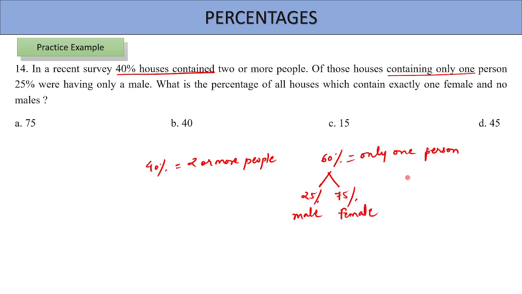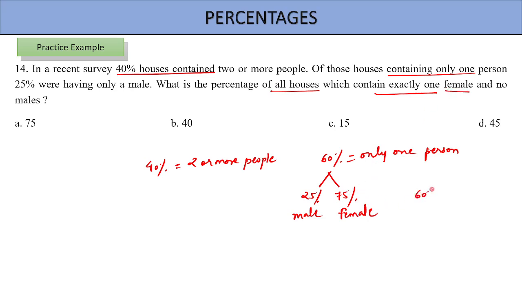We will assume that each and every one has a child. It is an assumption from this question which we are carrying out that each house has a child. There are no houses with no child. So what is the percentage of all houses which contain exactly one female?